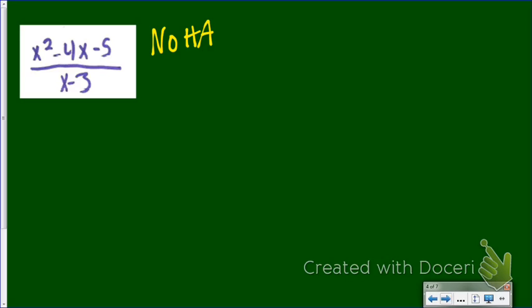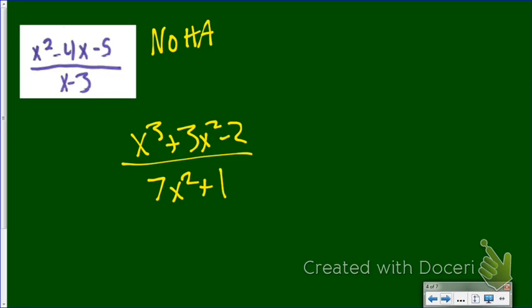So if the degree on top is exactly 1 degree higher than the degree in the bottom, then there's going to be a slant asymptote. So if, let's say, I had x to the third plus 3x squared minus 2 over 7x squared plus 1, that's 1 degree higher, that would also have a slant asymptote.